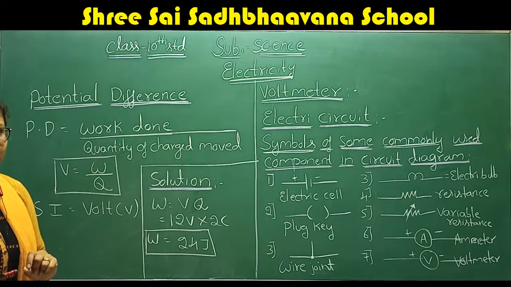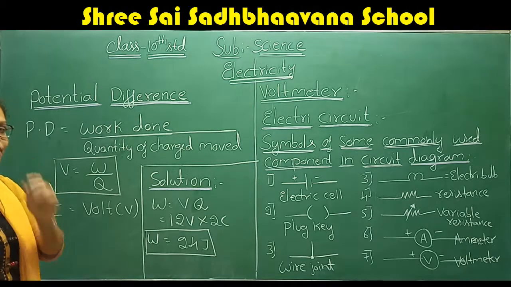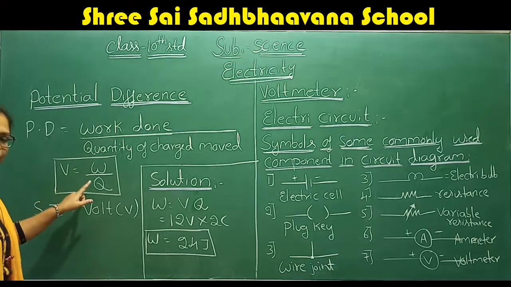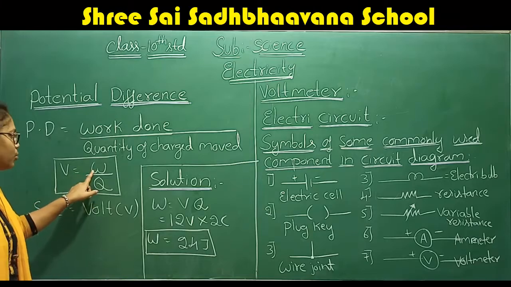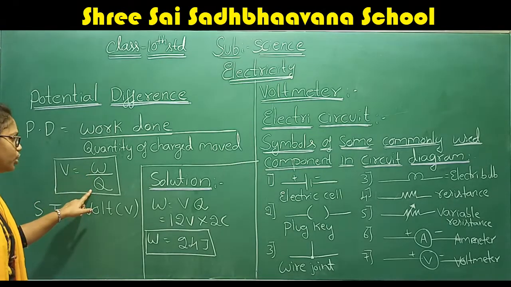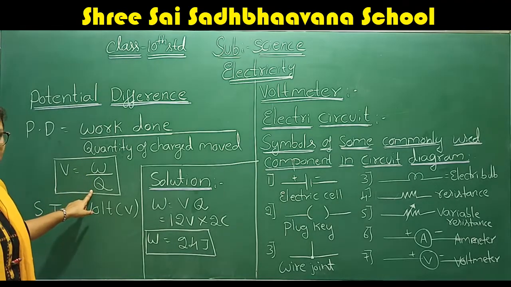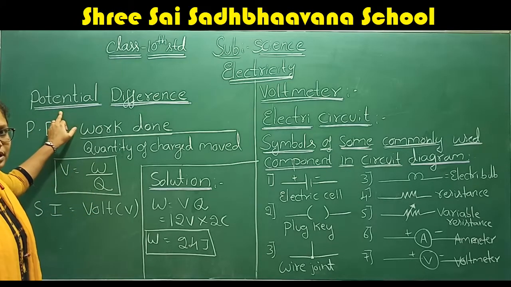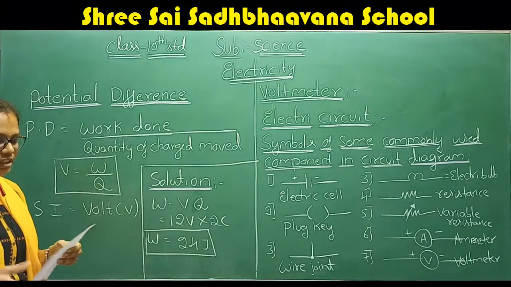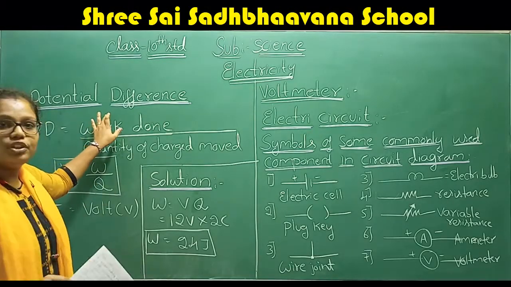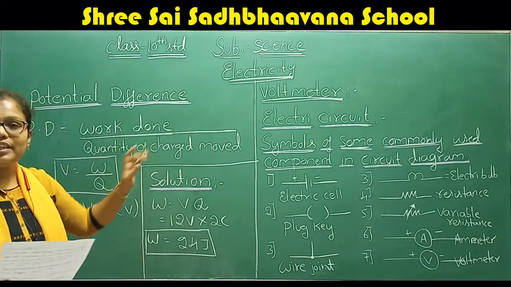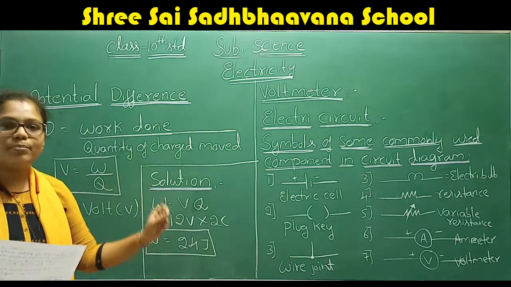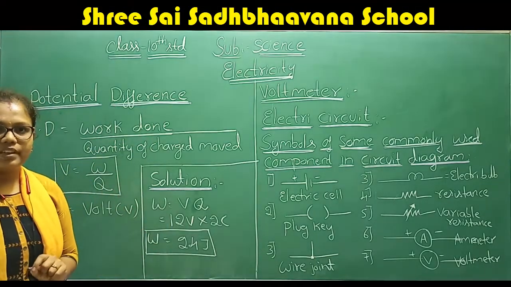What is the formula to find the potential difference? Potential difference is equal to W by Q, where W is the work done and Q is the quantity of the charge. Therefore, the potential difference is the amount of work done in moving a unit charge from one point to another point.